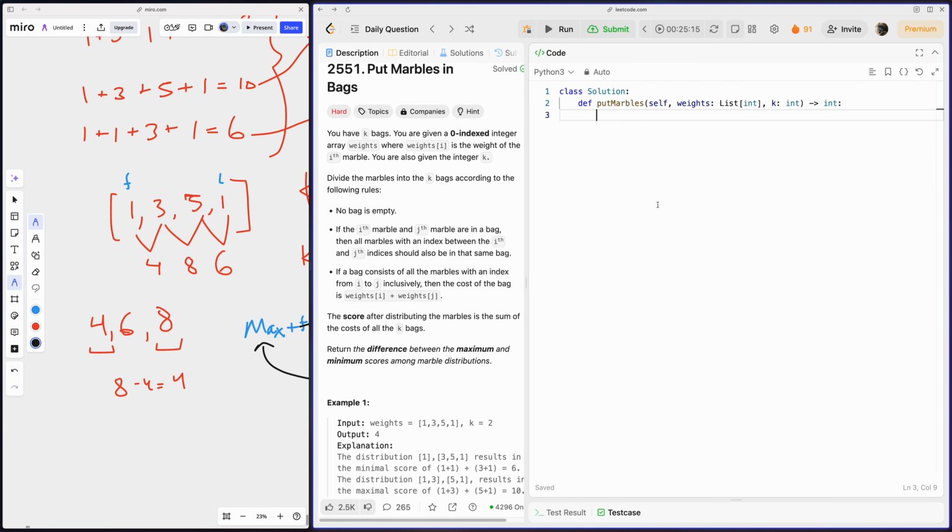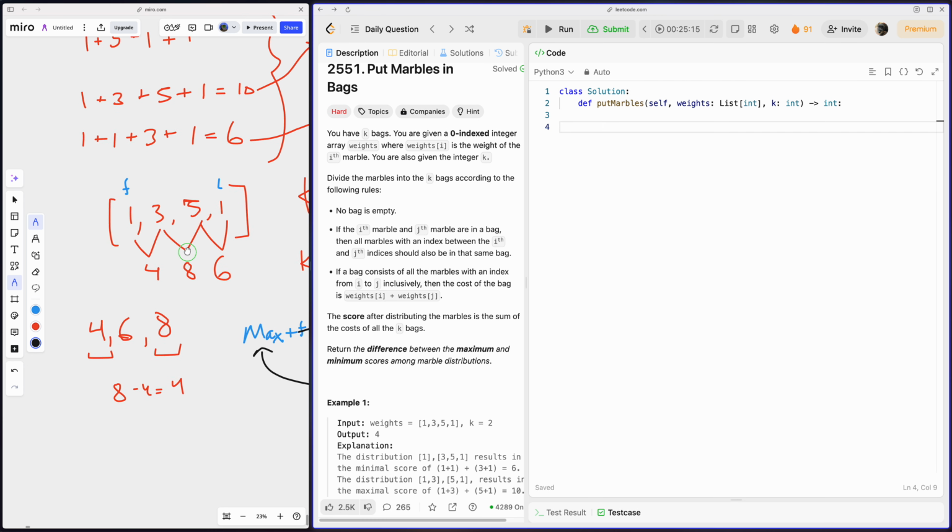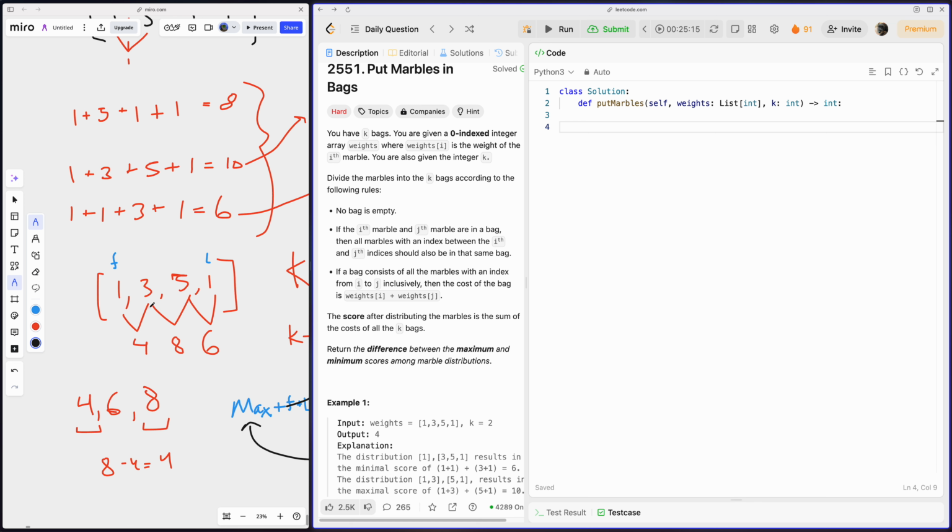But yeah, so the first thing to do is to make these pairs, right? So I guess pairs is this. Then we can just do for I in range, the length of the weights, minus 1, because we want to process the current one and its neighbor.